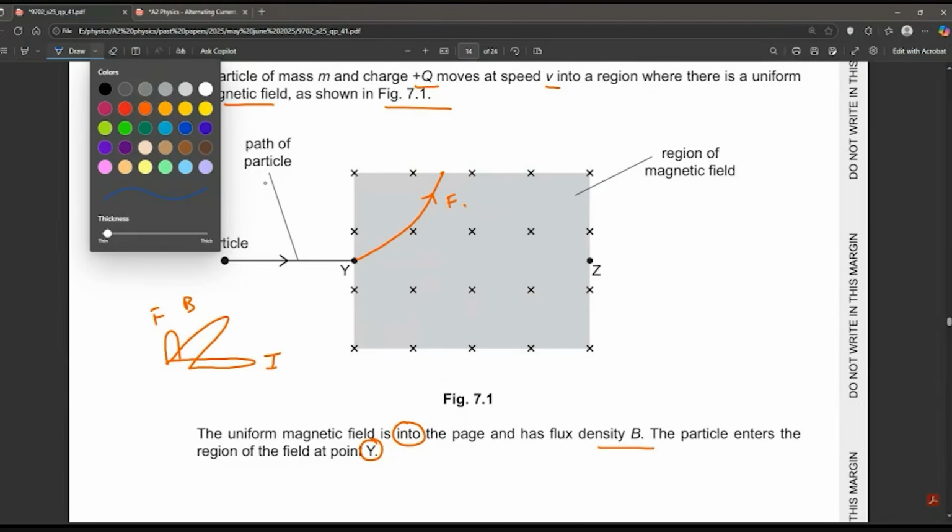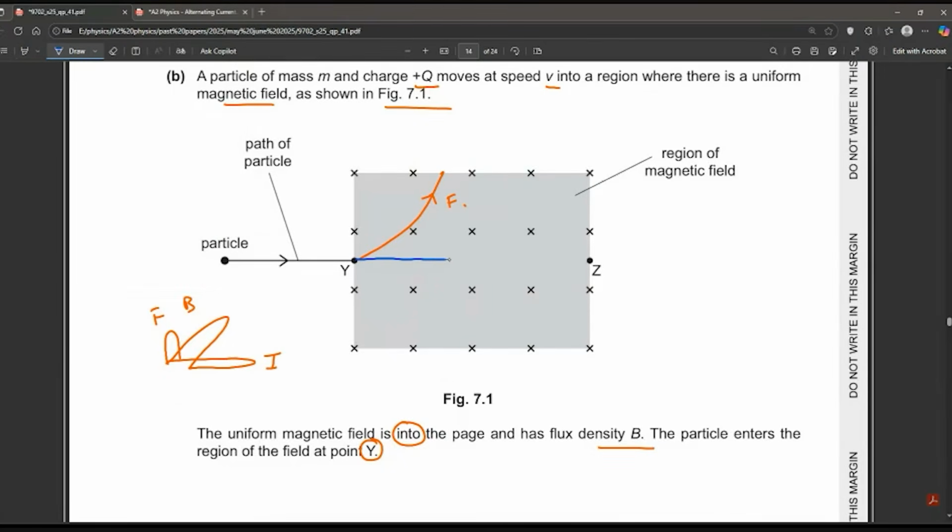We want the particle at Y to pass through point Z. How can we do that?